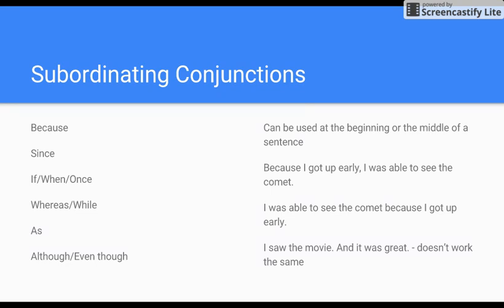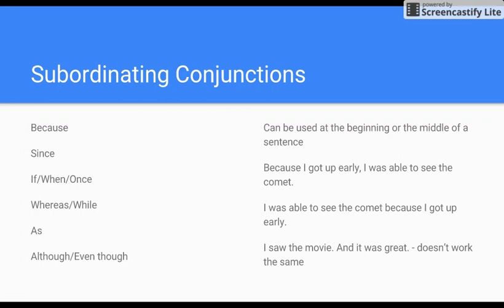We don't use commas with subordinating conjunctions unless we're starting the sentence. There's another exception, but we won't talk about that right now. Maybe we'll talk about that in another video where we talk about these conjunctions in a little bit more detail. Look at the last example. The last example shows you why we can't use and at the beginning of the sentence.